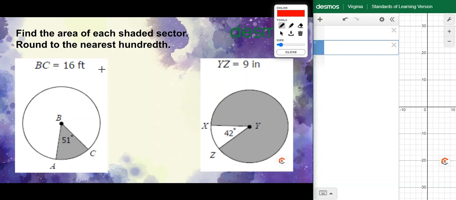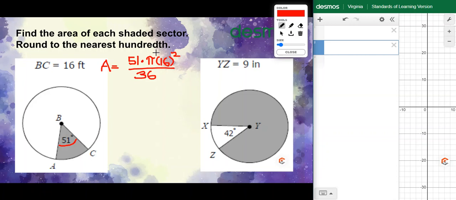And we're going to be using the area is equal to the degree measure of the arc times pi times the radius, which was given to us as 16 feet, 16 feet squared, divided by 360.